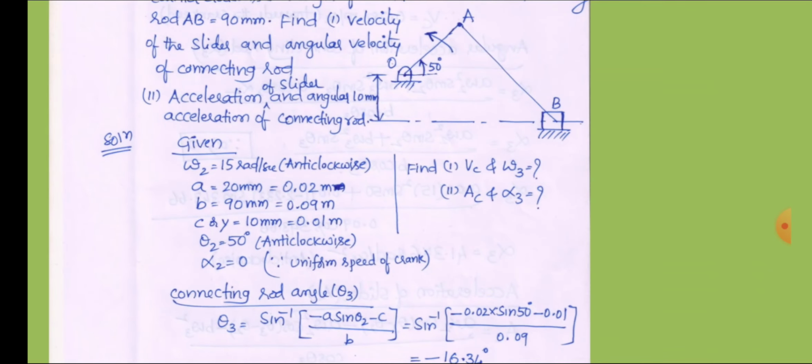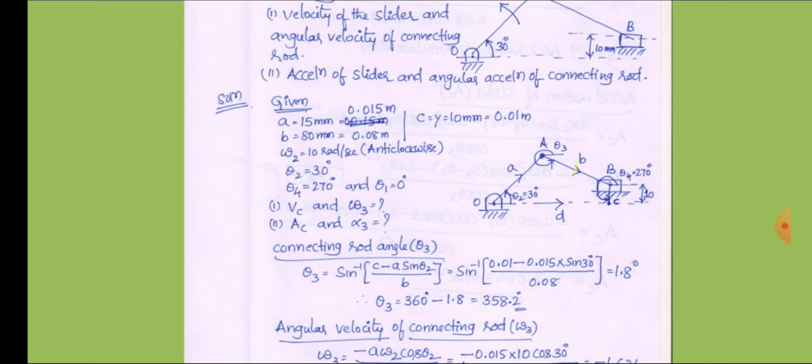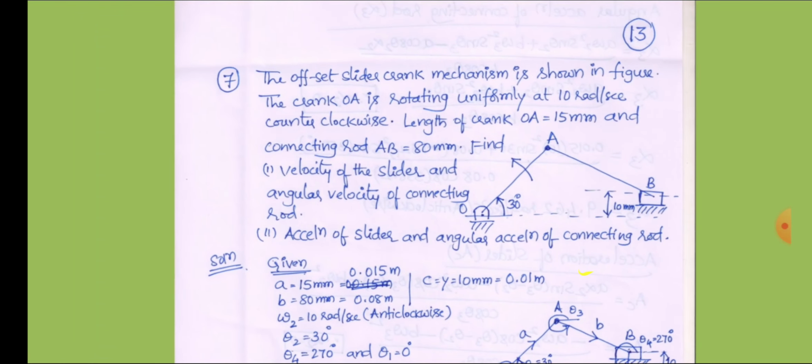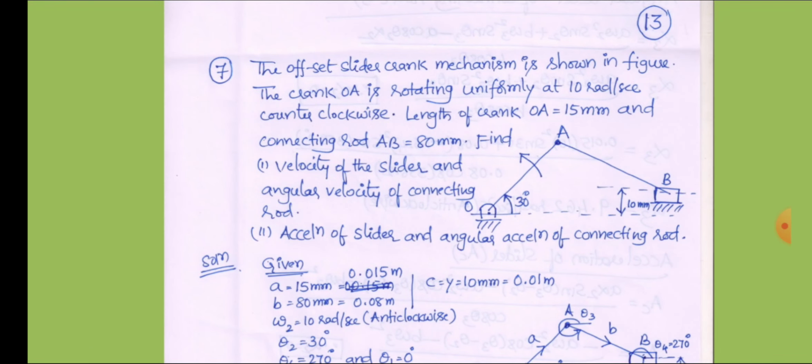Now I have solved one example on the offset slider crank mechanism in which theta 1 is equal to 270 degrees and theta 4 is equal to 0. Similarly, let us take the second problem. The offset slider crank mechanism is shown in the figure.